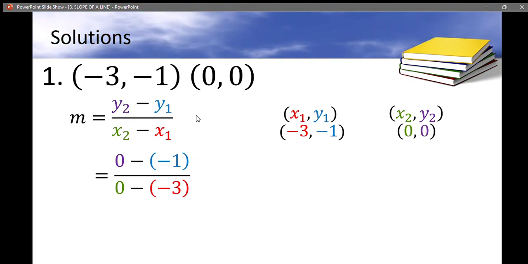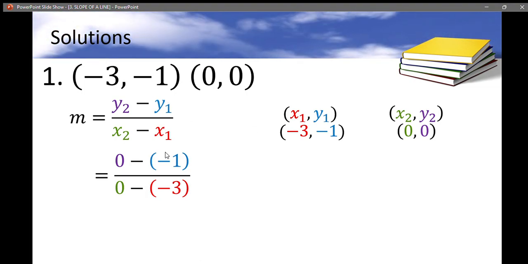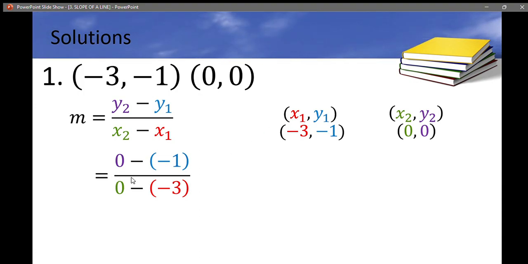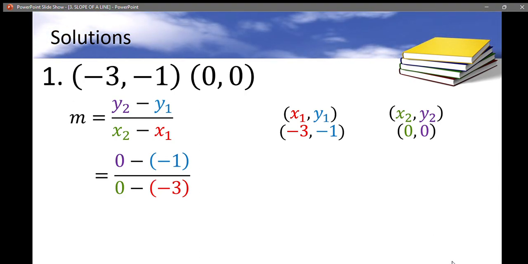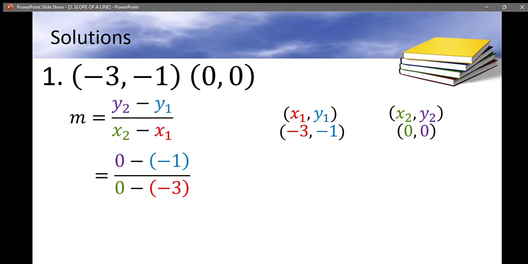Then substitute the given into our formula. Y sub 2 is 0, minus negative 1, which is our y sub 1, so don't forget to put a parenthesis. Next, x sub 2 is 0 minus negative 3. Don't forget to put a parenthesis if we have a negative integer.